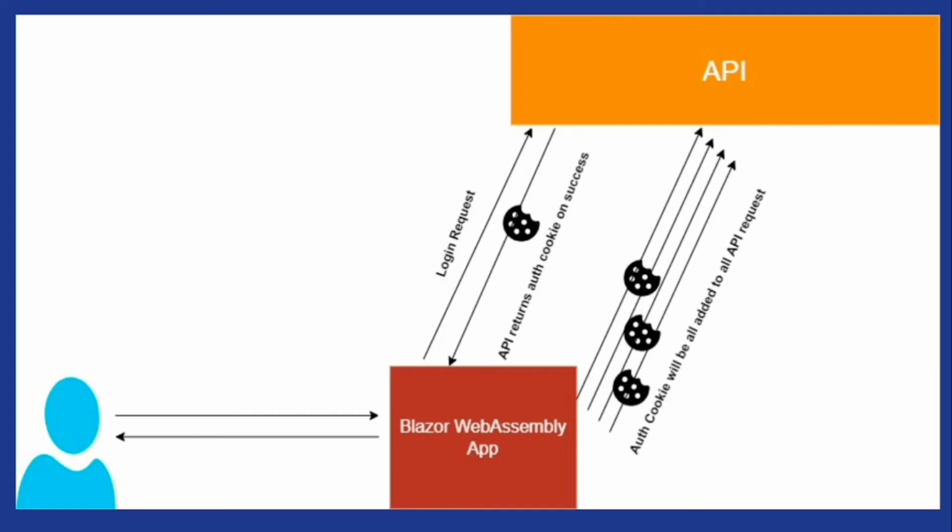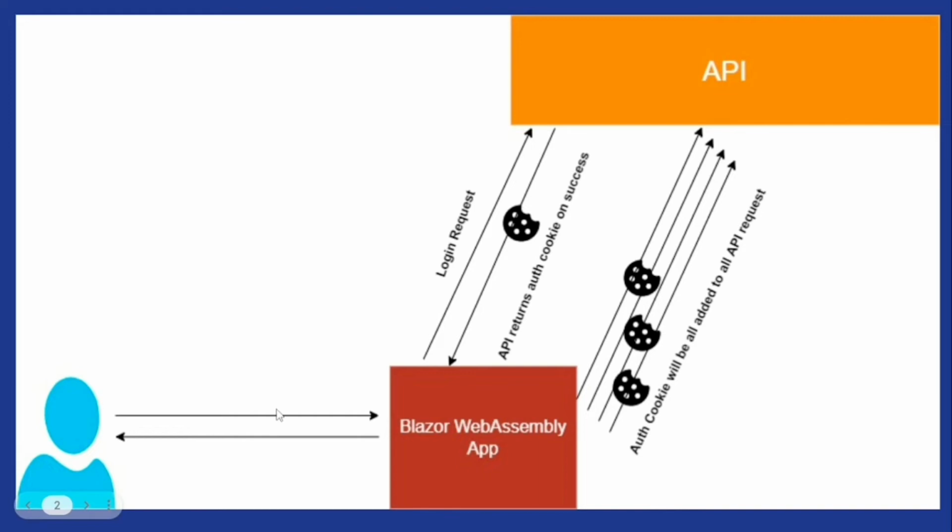So this is a simple diagrammatic representation of how cookie-based authentication works. Here you can see the API project and the Blazor WebAssembly project, where the API is the project that runs at the server and Blazor WebAssembly is the project that runs in the user's browser.